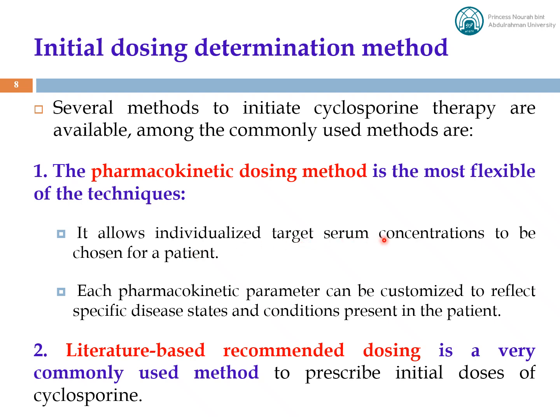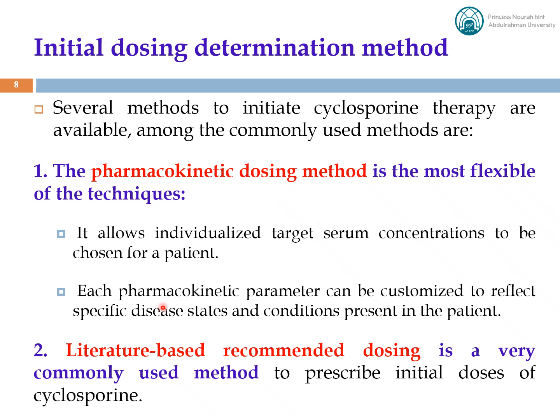Each patient can be individually assigned a dose and therapeutic concentrations according to the parameters for that patient. Each pharmacokinetic parameter can be customized to reflect the specific disease state and the conditions present in that patient.